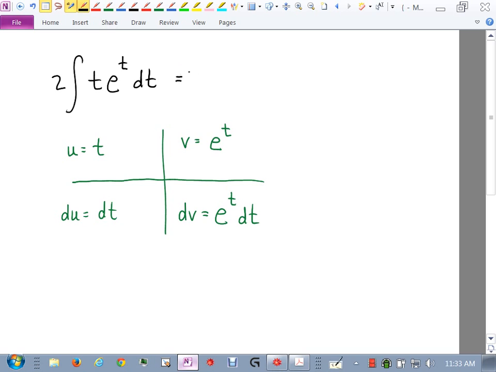Here comes my new integral. It's 2 times, and I'm going to use brackets here, ultraviolet minus voodoo. Ultraviolet is t e to the t, minus the integral of voodoo, e to the t dt.